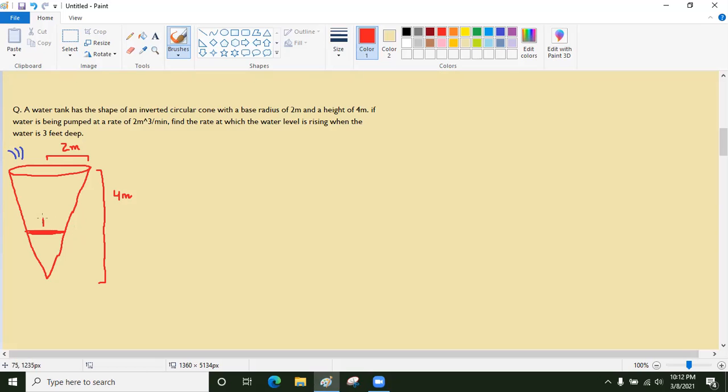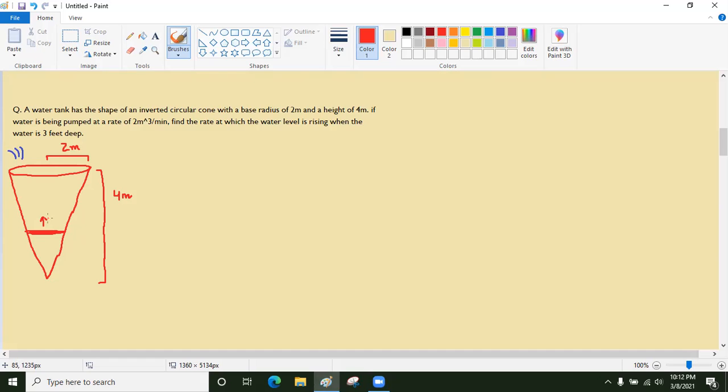So as the water fills the cone, the height of the water level would increase, which would be a portion of the original height of the cone. So once we find the rate at which the water level is rising, we want to understand that we don't want to just find the rate at which the water level is rising, but we want to find it at a particular moment of time.